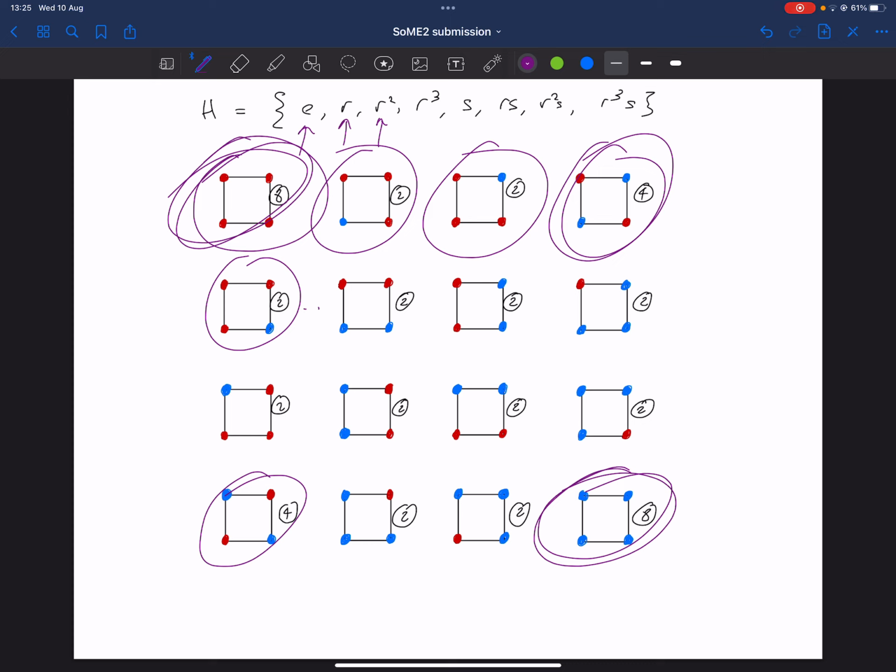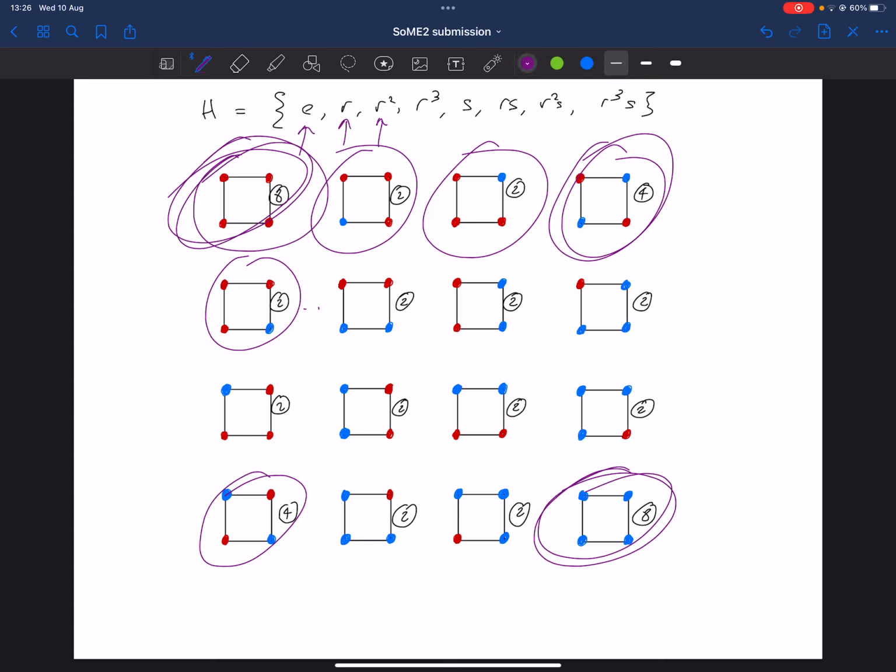And hopefully you can see that for any element of A, so for example this one here, the number of rings that are going to be put around that element is exactly the number of elements of H that fix this colouring, which is exactly the same as the label.